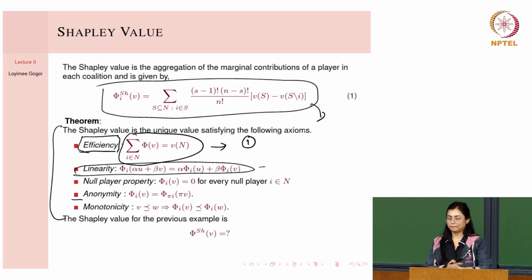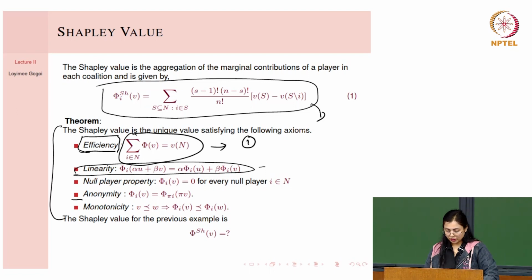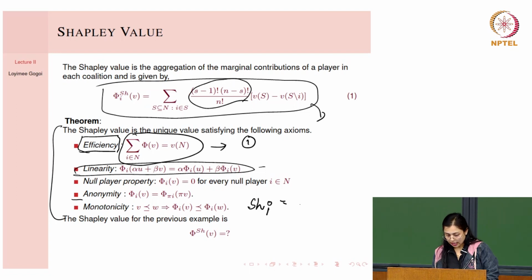What does it mean? The Shapley value for any player i is the average of all its marginal contributions. So what is a marginal contribution?